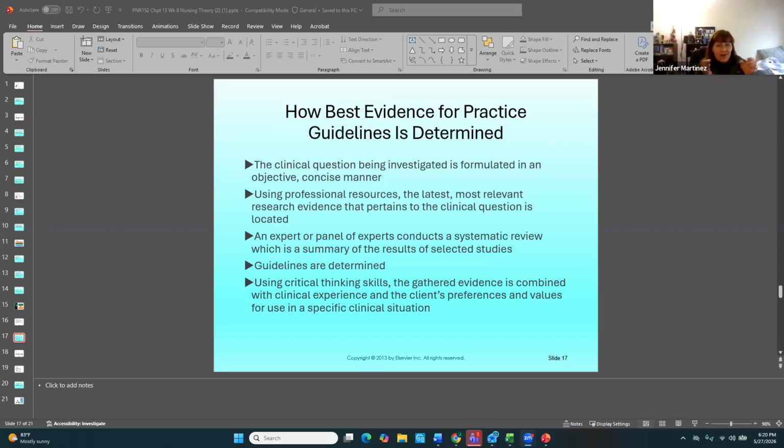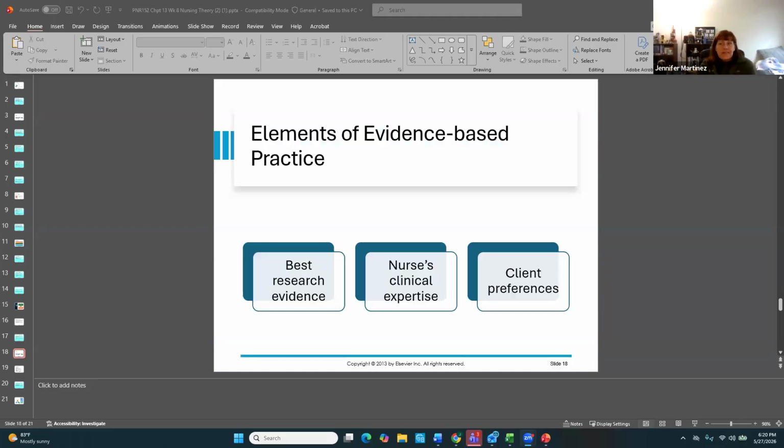And then you're going to take all that evidence, your experience, and the patient's preferences as well, and then you are going to implement those interventions. So again, the elements of evidence-based practice are the best research evidence, the clinical expertise of the nurse, and the client's preferences. So we are going to incorporate all of those into the interventions that we are going to implement.